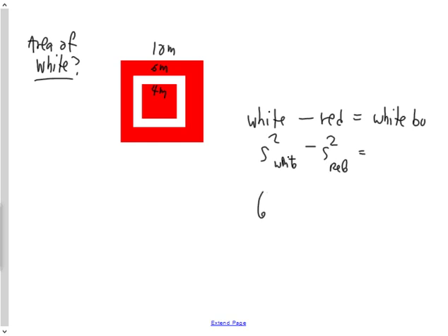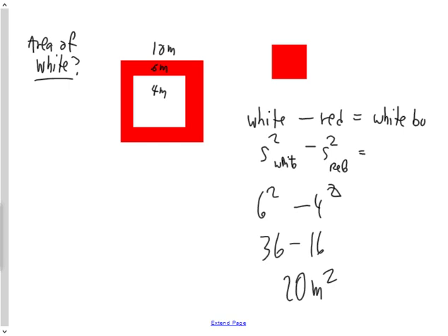So 6 squared take away 4 squared would be my question, or 36 take away 16. So the answer is the white border has an area of 20 meters squared, because it's the white square, which is 36, take away this red square's area, which is 16. The white border remaining would be 20 square meters.